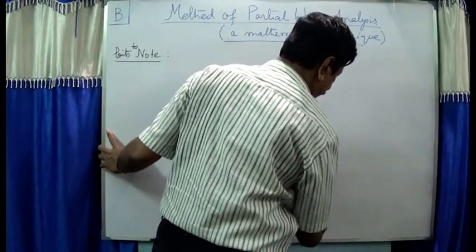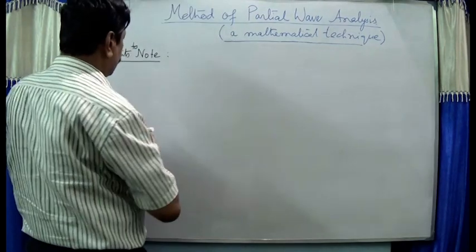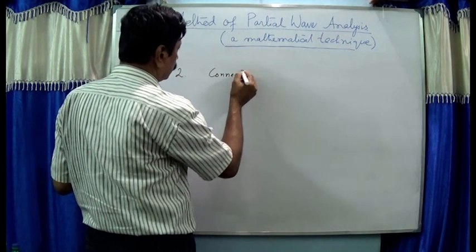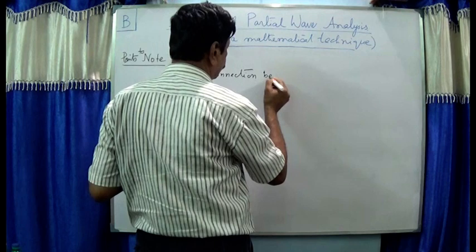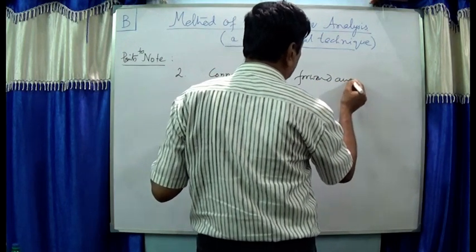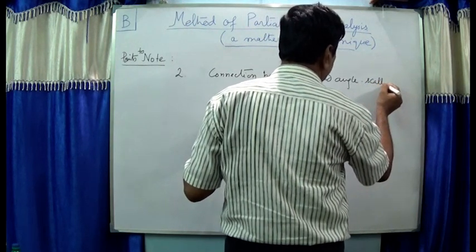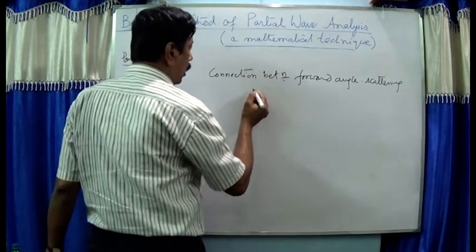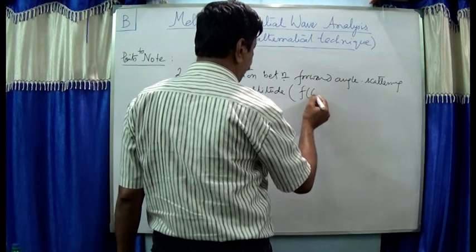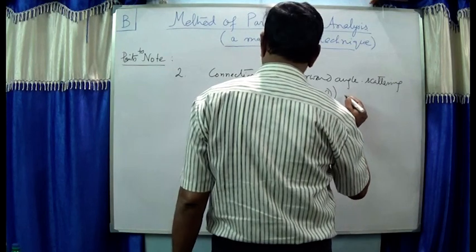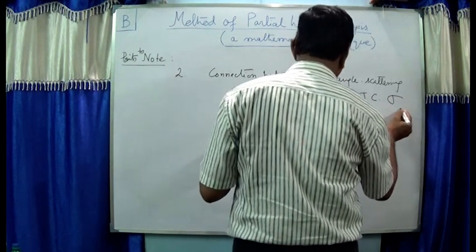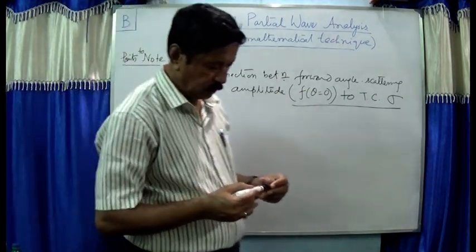We would like to discuss here the connection between the forward angle scattering amplitude, that is f theta equal to 0, and your total cross section sigma. Let us see what it actually is.